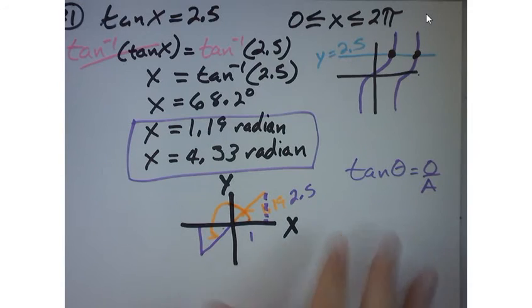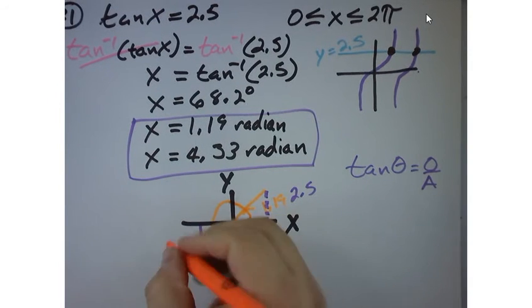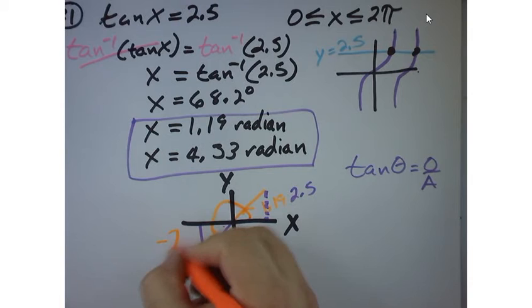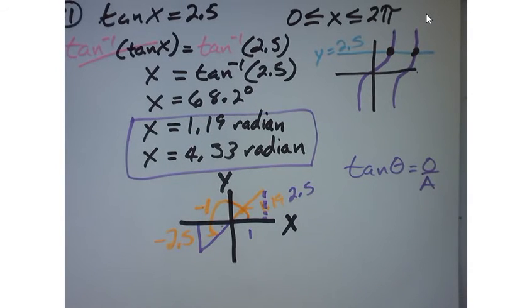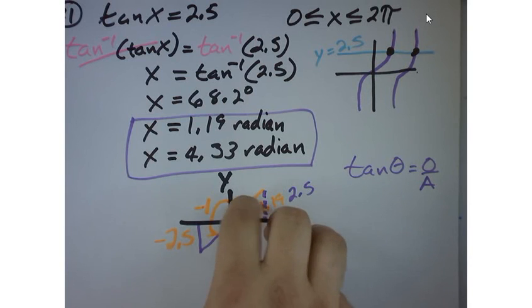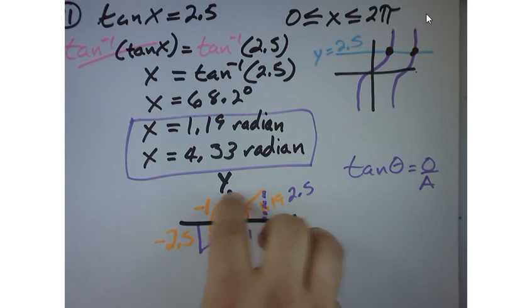The difference here is now I'm going to have a negative 2.5 and a negative 1. But what happens when you take negative 2.5 over negative 1? You get a positive 2.5. And that's where that comes from. And so what did we do? We added 1 whole pi to get to that other triangle.